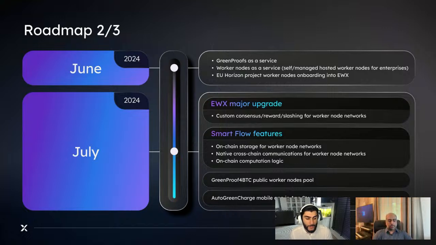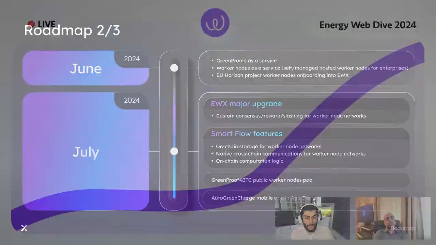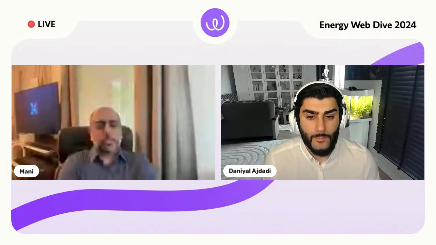Yeah, so smart flows are nothing but flow-based programming, but they are smart enough to be encapsulated in an execution environment, and they can interact with Energy Web X to reach consensus. Basically, they are decentralized computation environments where these logics are executed, and they reach consensus on the result of their computation. There are many different use cases that can be implemented, but one of the crucial requirements is to be able to have some on-chain storage.